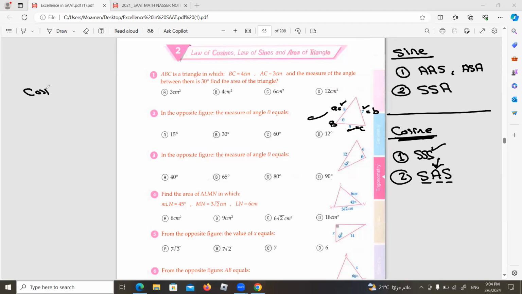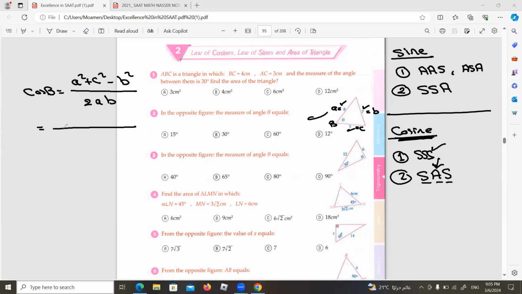So cosine B or cosine theta is equal to a fraction. You said B, so the other 2 letters: A squared plus C squared minus B squared over the first 2 sides multiplied by 2. This is the rule. So cosine B equals, just calculate.